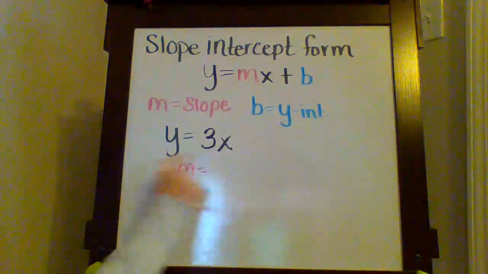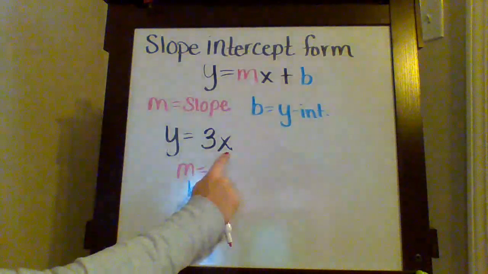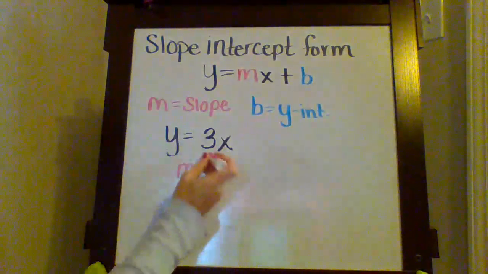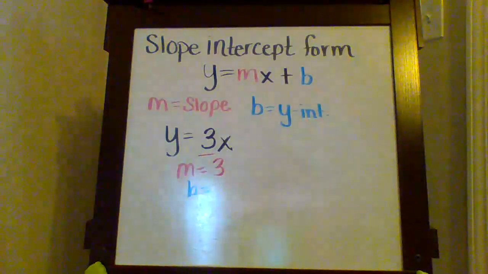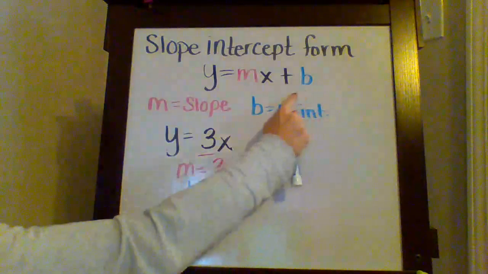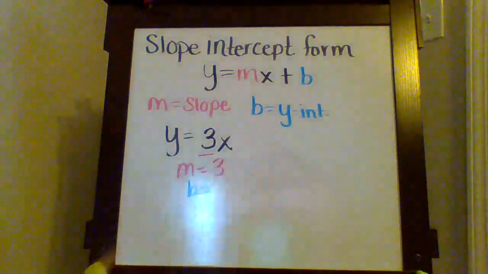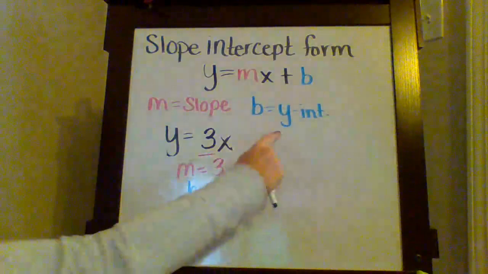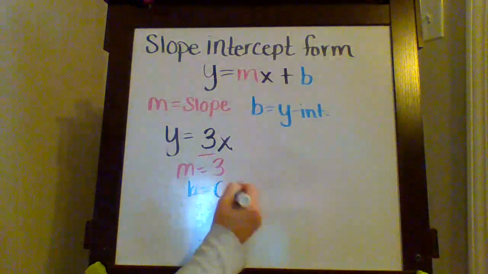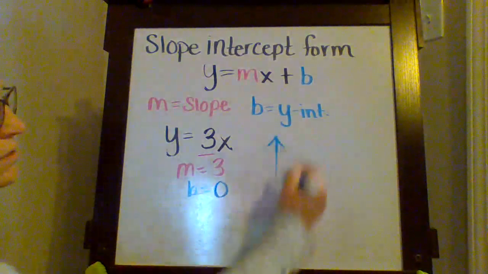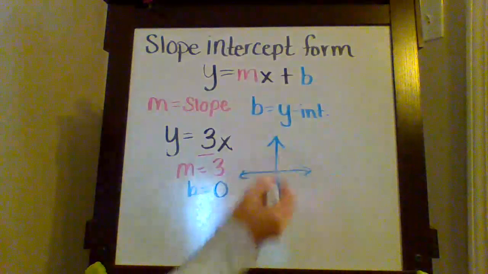So if I'm looking at this, it doesn't look exactly the same as my slope-intercept form, but I do have an x, my y is by itself, and my coefficient of x is a 3. Now my y-intercept is what's being added or subtracted at the very end. I don't have anything over here, which means my y-intercept is 0 because now my graph is going to cross my y-axis. Remember, your y-axis is the one that goes up and down. So it's going to cross this y-axis at 0.